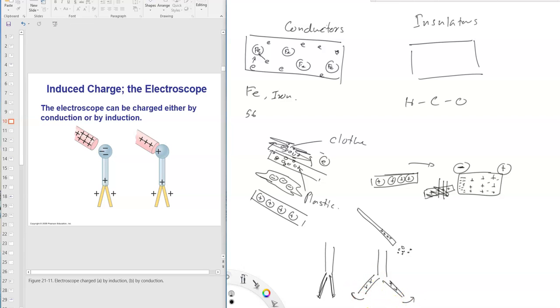So we can use an electroscope to see whether something is charged or not. You bring this unknown object close to the electroscope. If the leaves are moving away from each other, that means there is some charge. We can't say for sure whether it's negative or positive. It acts the same way for both charges, but we can say for sure there is some charge.